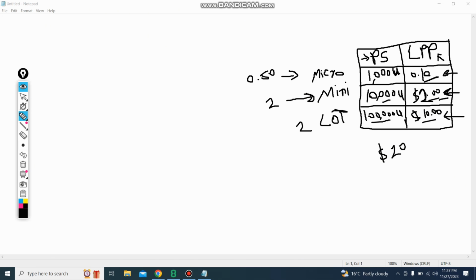You have two standard lots, which means every pip is now worth $20. We have to multiply that by our 5 pips. That means in a situation where you are trading two standard lots and price drops 5 pips, you have now lost $100. Hopefully that makes sense to everyone.